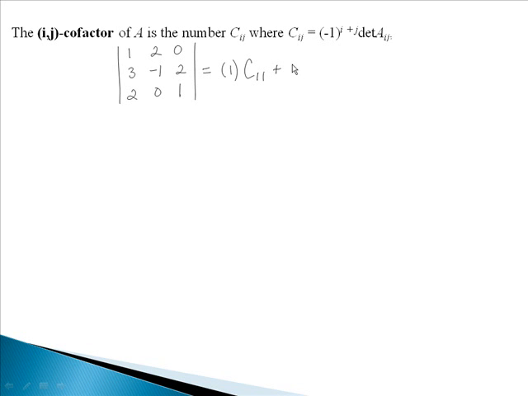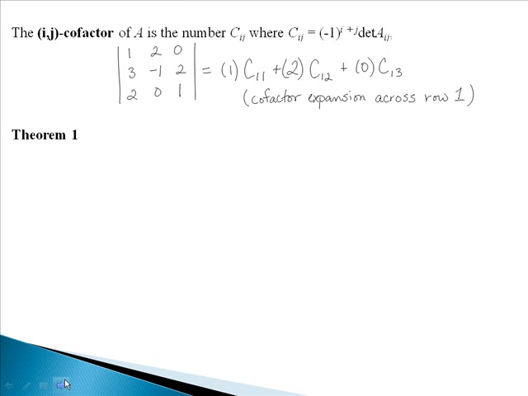Then plus 2 times C sub 1,2 plus 0 times C sub 1,3. So this is just another kind of notation, the ij cofactor, to write. And this was an example of a cofactor expansion across row 1 of our matrix.